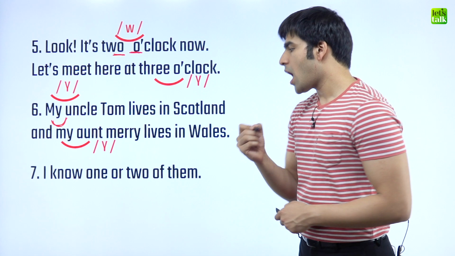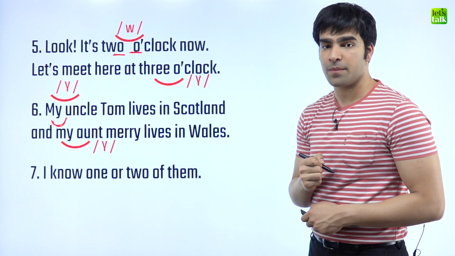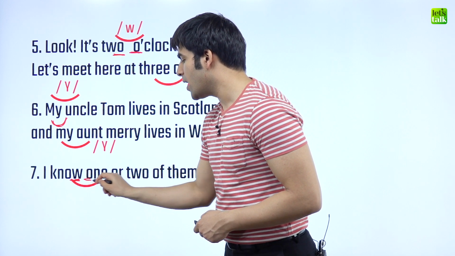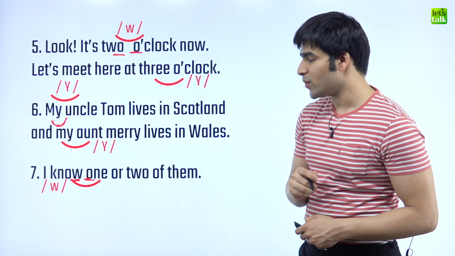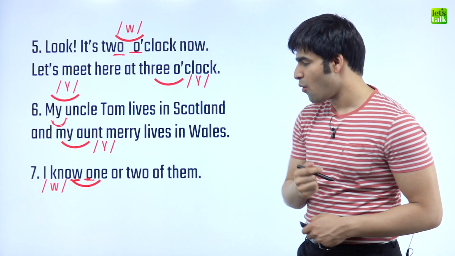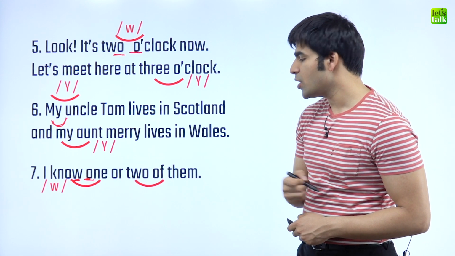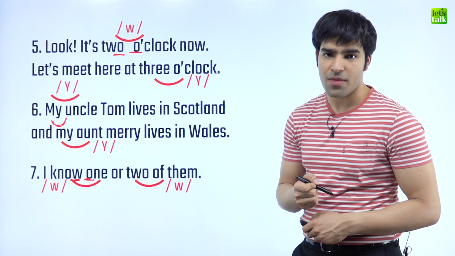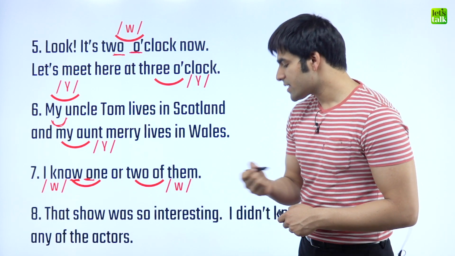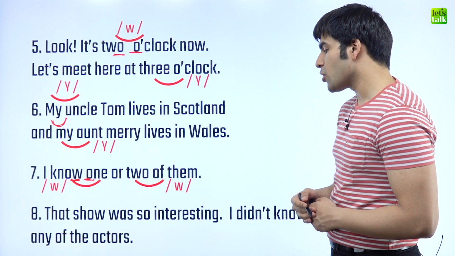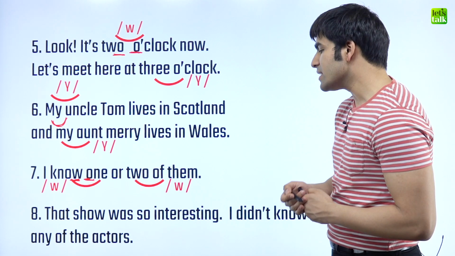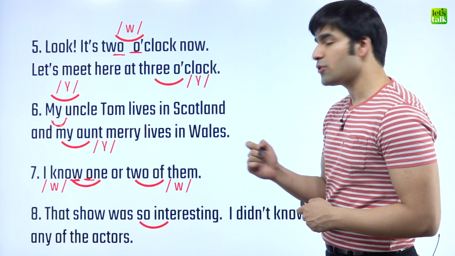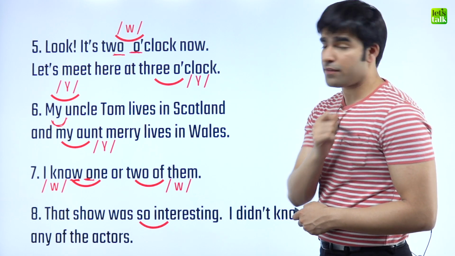The next sentence is, I know one or two of them. I know, o, it becomes the W sound. I know one of them, one or two of them. And the last sentence here is, that show was so interesting, I didn't know any of the actors. One more time, that show was so interesting, I didn't know any of the actors.